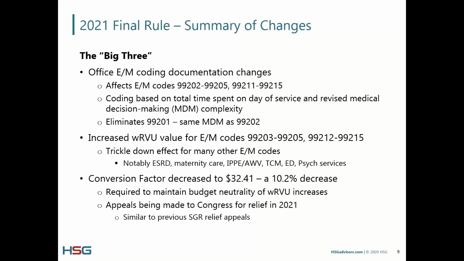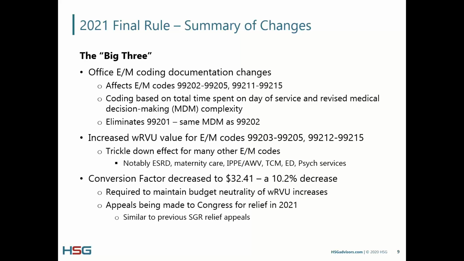Now, during the public comment period, many groups requested that CMS reconsider this and look at other options rather than having a full 10% decrease. It's a little bit less than the proposed rule, which was a 10.6% decrease. But CMS went ahead with all of the changes as finalized in 2020 and codified in 2021.